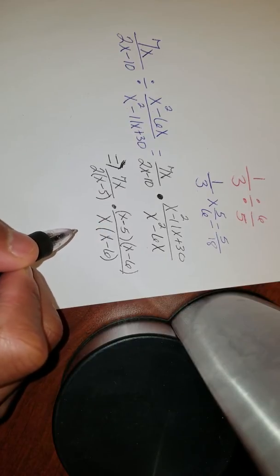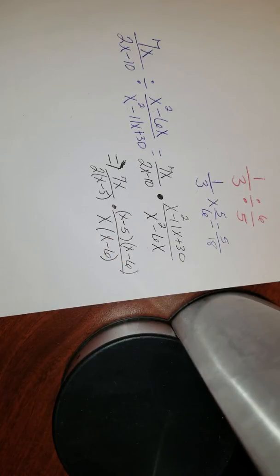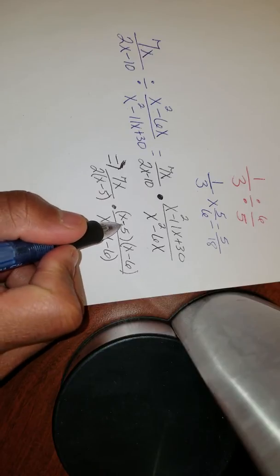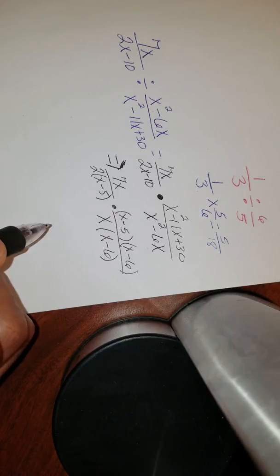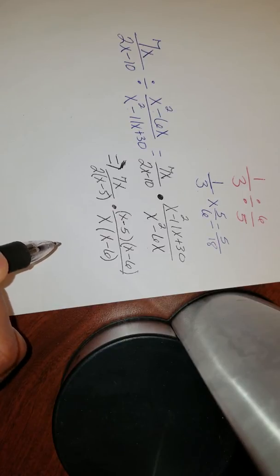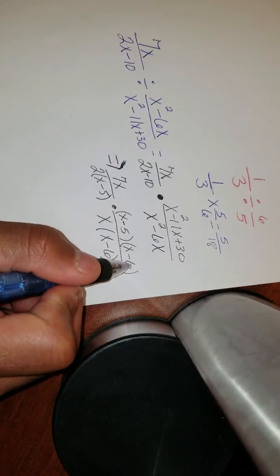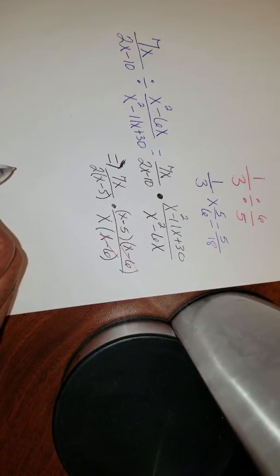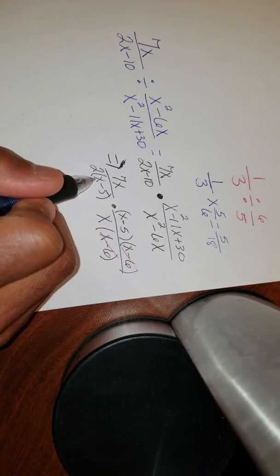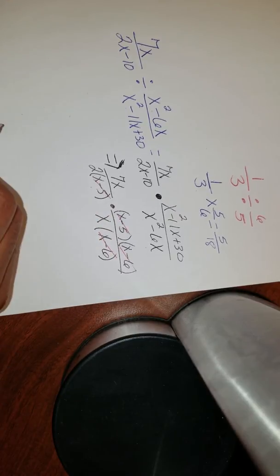Now what I want you to notice are common factors. Before I begin to multiply, I notice opposite numerators and denominators have common factors. Whenever you see common factors in the numerator and in the denominator, we can divide those factors evenly. What I mean is, x minus 6 divides x minus 6 one time. x minus 5 and x minus 5, numerator and denominator, will divide evenly.